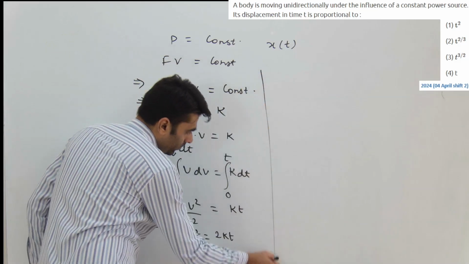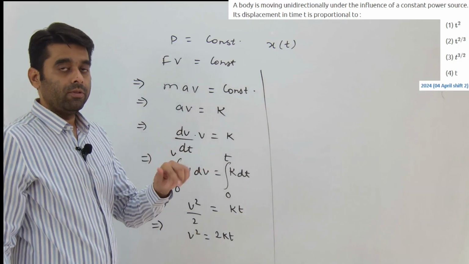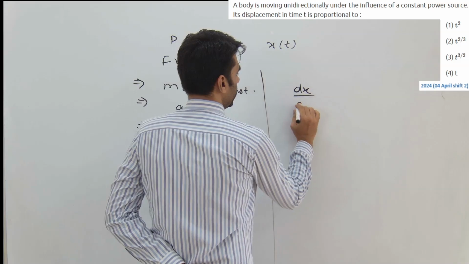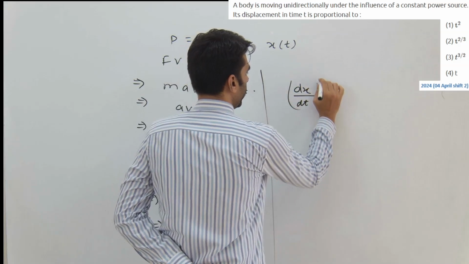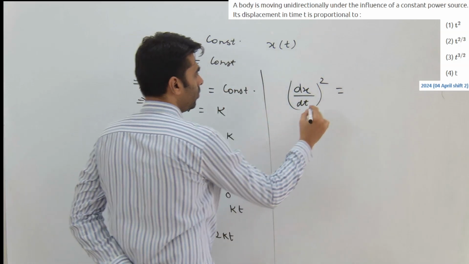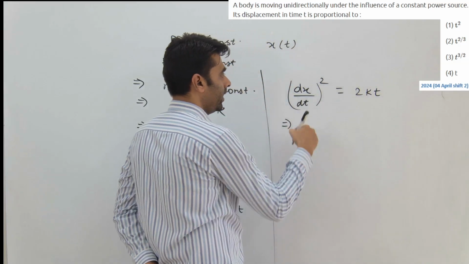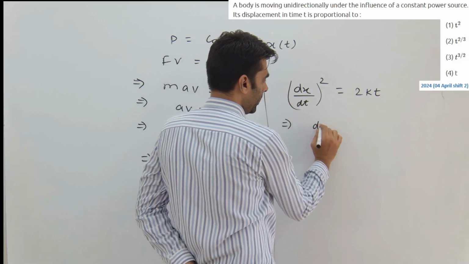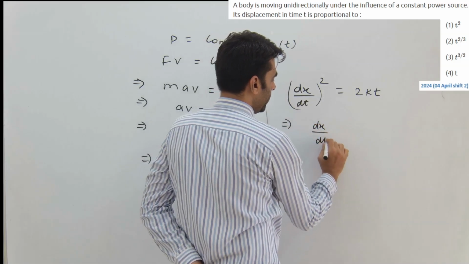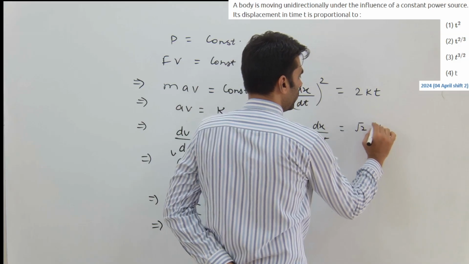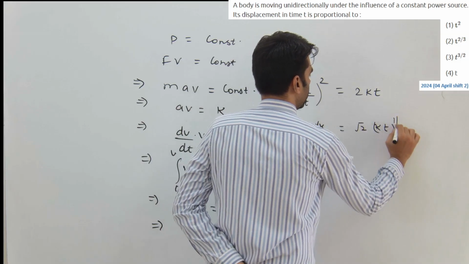Now, V, velocity, can be written as dx by dt. So dx by dt whole square is equals to 2Kt, right? So if we simplify this, dx by dt is equals to root 2 K t power 1 by 2.